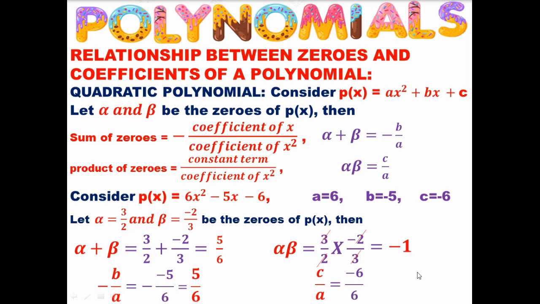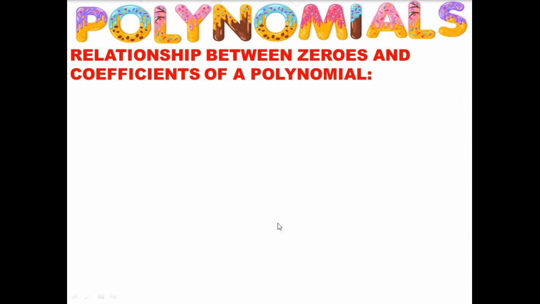Therefore it is minus 6 by 6. Here again I can cancel 6 and get the value to be minus 1. So in this case I have verified alpha beta equal c by a. So this is how we verified the relation between the zeros of a polynomial and the coefficients of a polynomial, that too a quadratic polynomial.